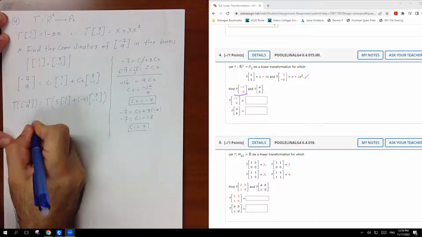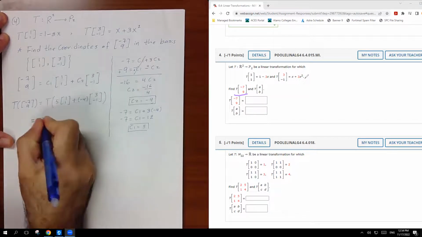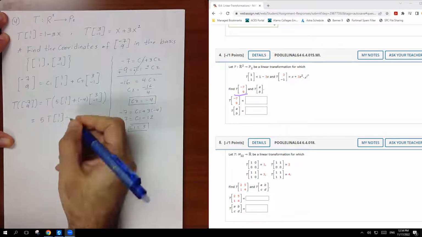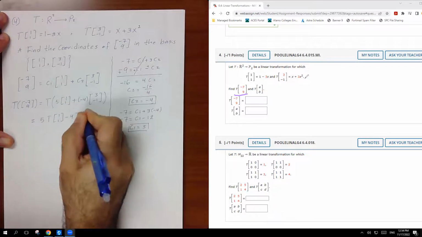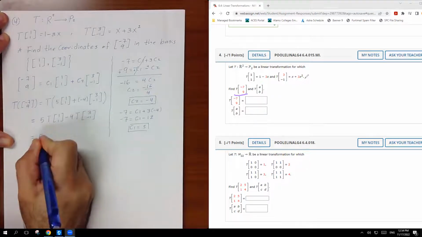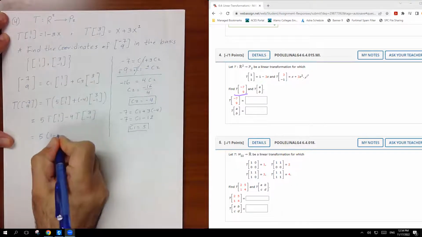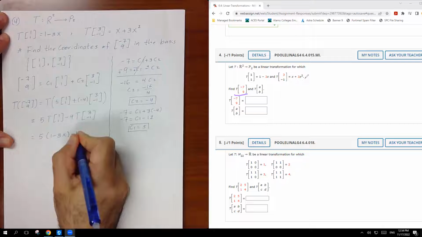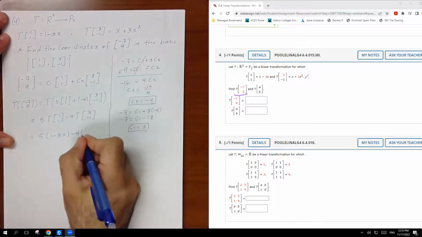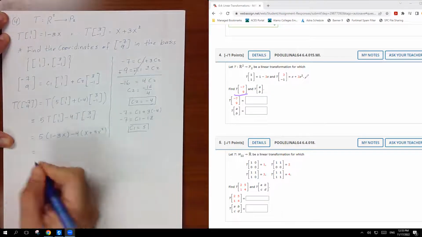I can take the scalar out, so it will be 5 times the transformation of 1, 1, minus 4 times the transformation of 3, negative 1. The transformation of 1, 1 equals 1 minus 3x, and the transformation of 3, negative 1 is going to be x plus 3x squared.